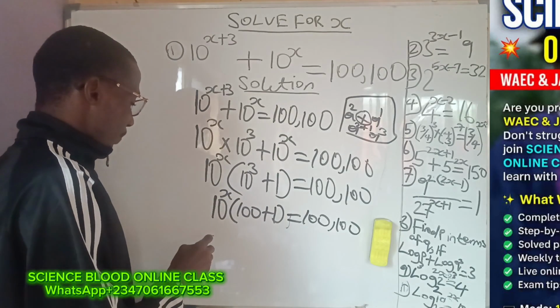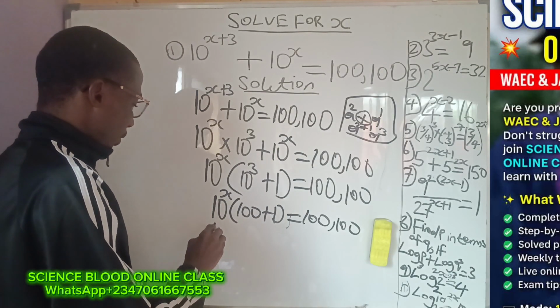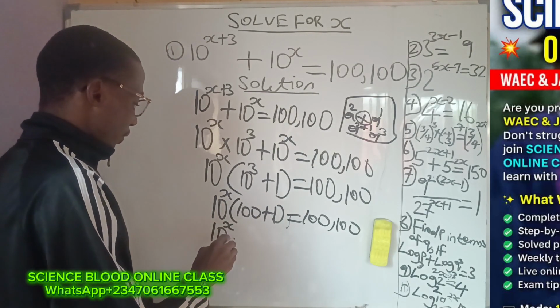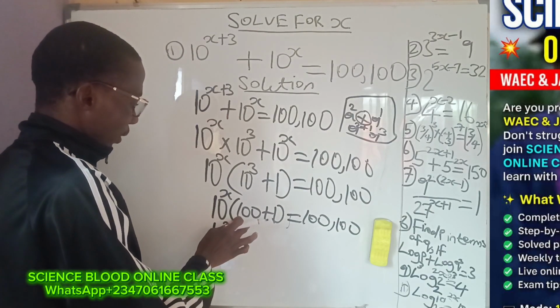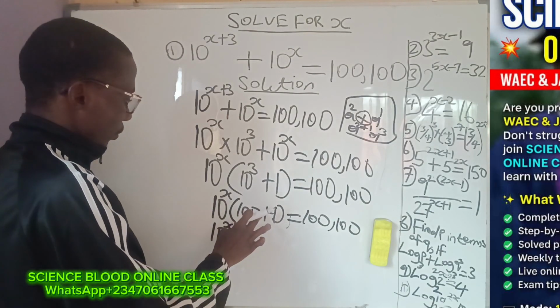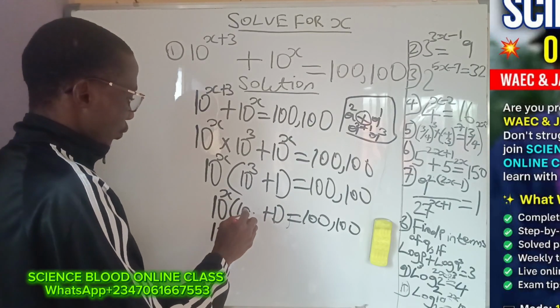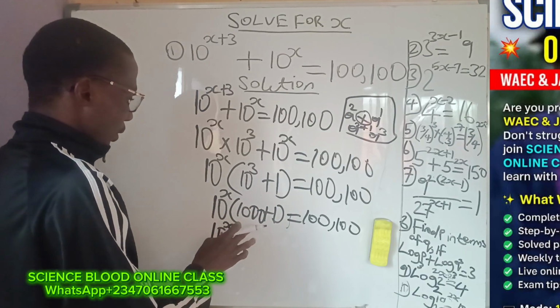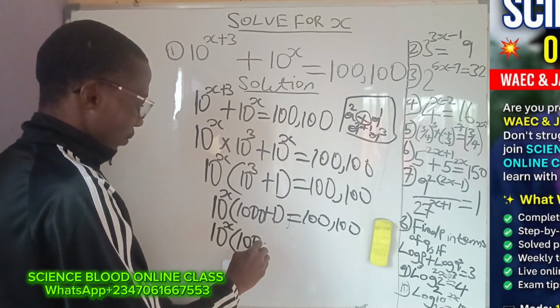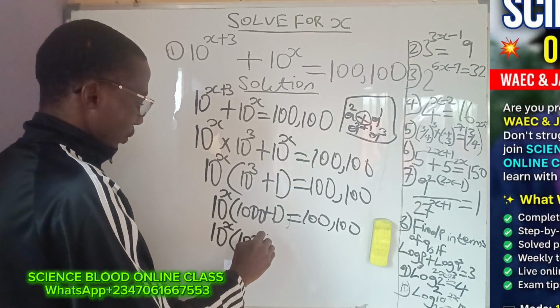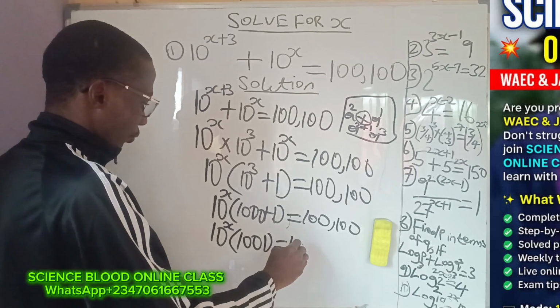To simplify further, this is 10 to the power of x in a bracket, 1,000 plus 1. Sorry, we omitted something here, it's supposed to be 1,000. The 1,000 plus 1 will give us 1,001. Close bracket, equals 100,000.